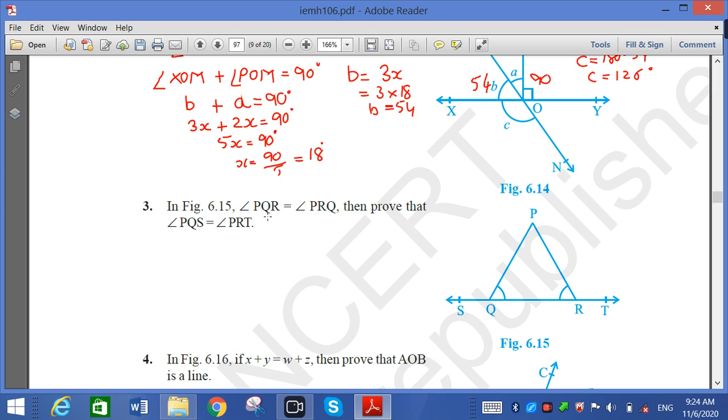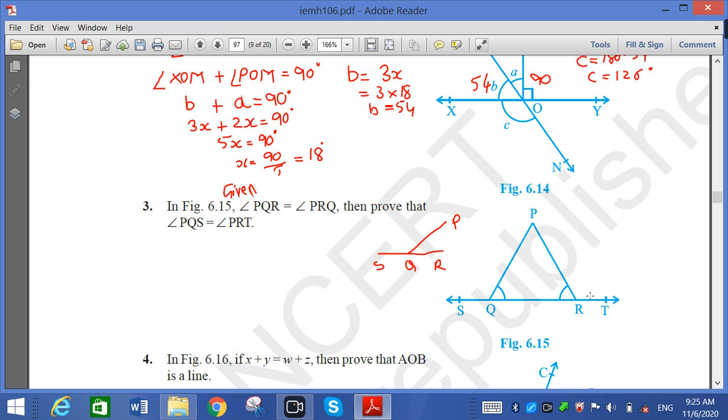Now that is given. Angle PQR is equal to PRQ. We have to prove this: PQS is equal to PRT. First, here two linear pairs are there, if you see. One linear pair is S Q R P. It is a linear pair.